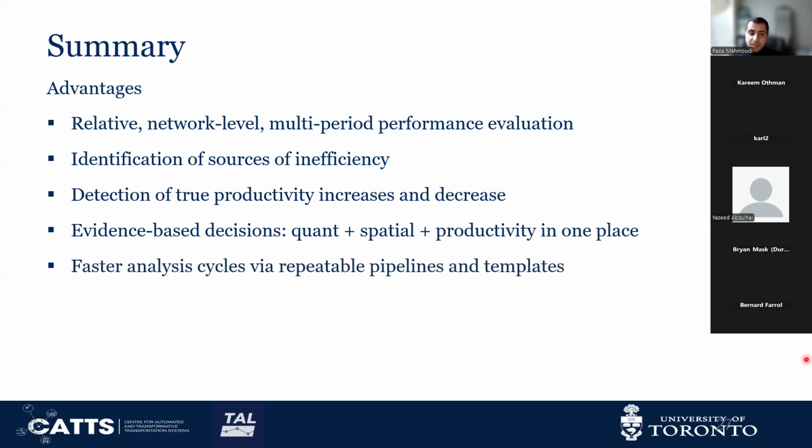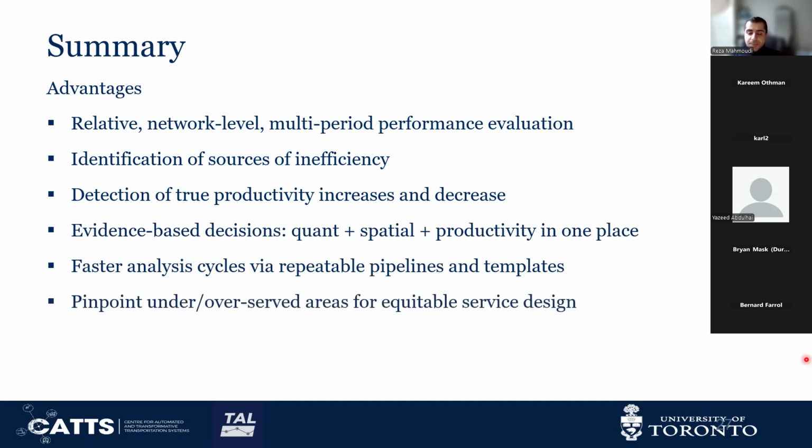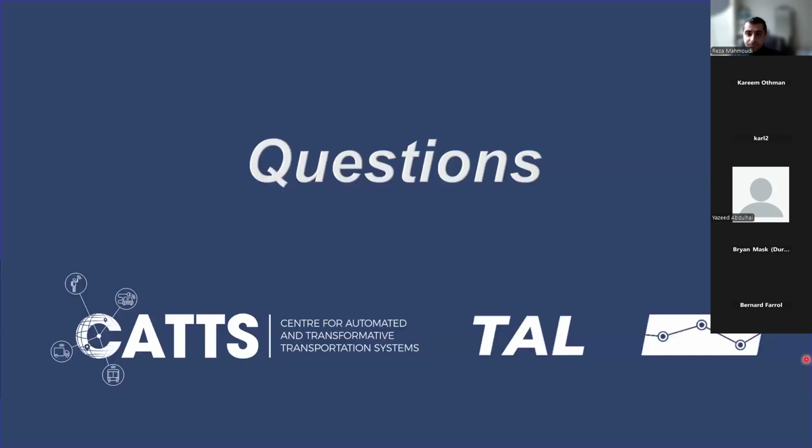It offers faster analysis cycles by repeatable pipelines, finding under- or overserved areas in order to design more equitable transit services, and of course, T-Spark is capable of conducting both route-level and segment-level analysis.